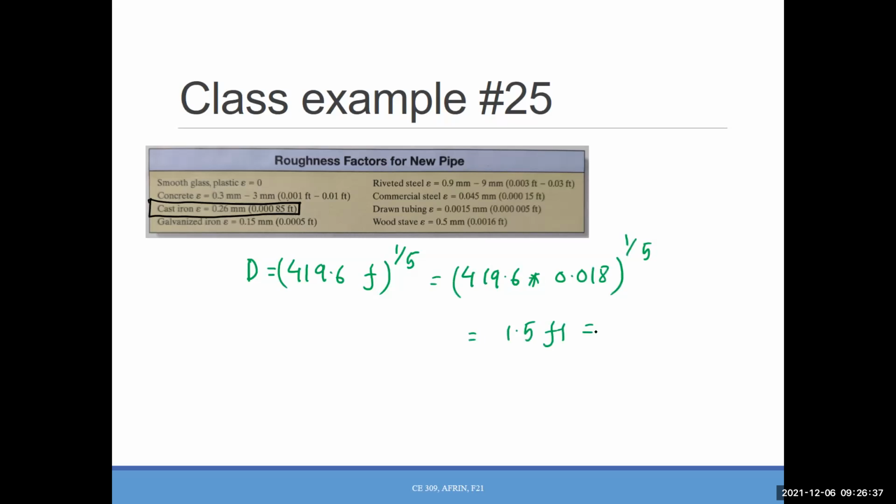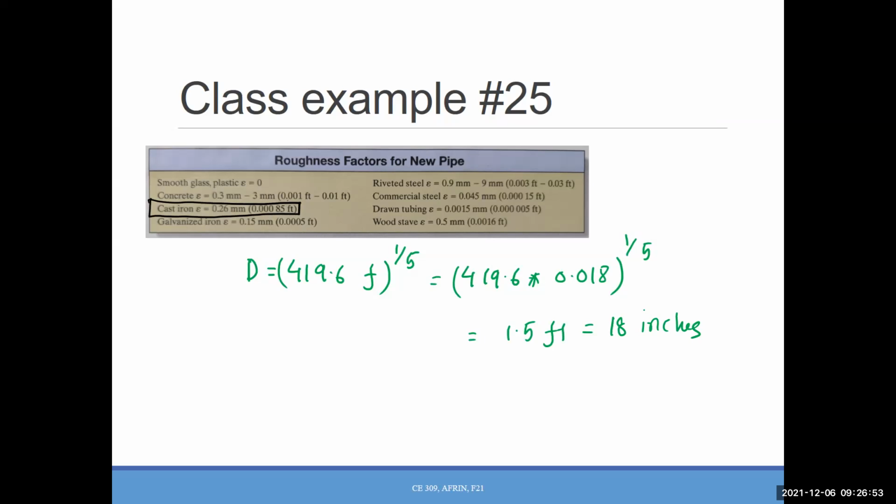And if you multiply this by 12, that will be what? 18 inches, right? Now, for my actual calculation, I got 17.98 inches. That's okay. Here we got a correct 18 inches.